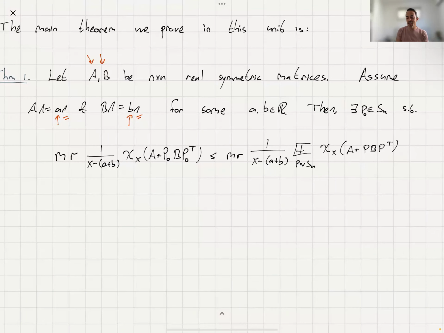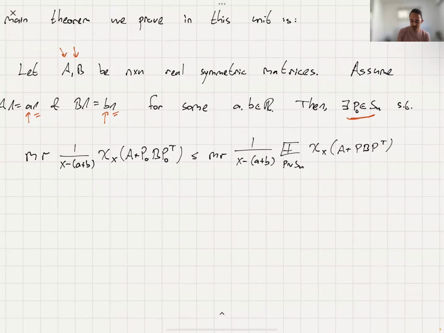Now, what I'm claiming is that there exists some permutation matrix such that something happens. On the right-hand side, we are looking at what we looked at when we talked about quadrature. It's a little bit massaged, but it's what we had there. We are looking at the expected characteristic polynomial with respect to permutations. The quadrature step related that expected characteristic polynomial to the one with respect to the Haar measure, so that's not the theme today.